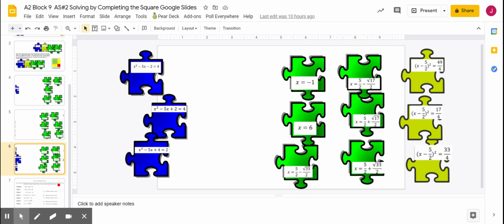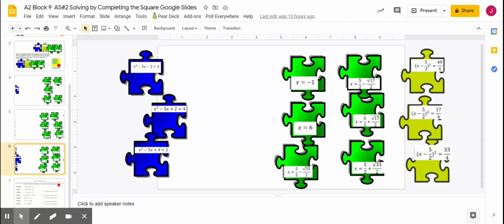So for example, let's suppose that I have something like x squared plus 9x minus 11 equals 0, and I want to solve using completing the square.